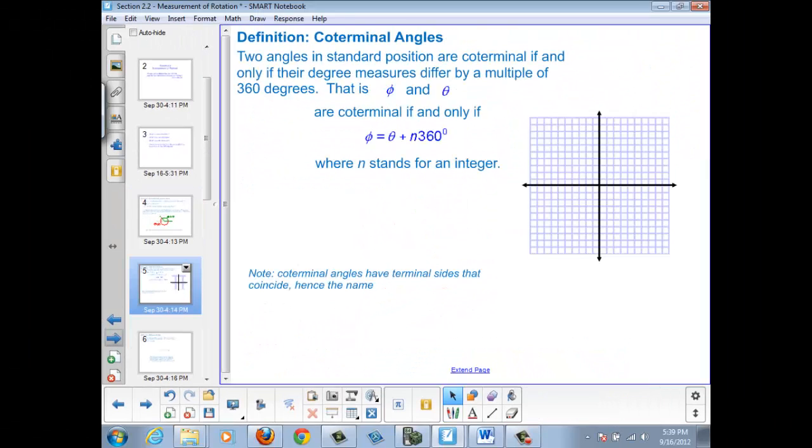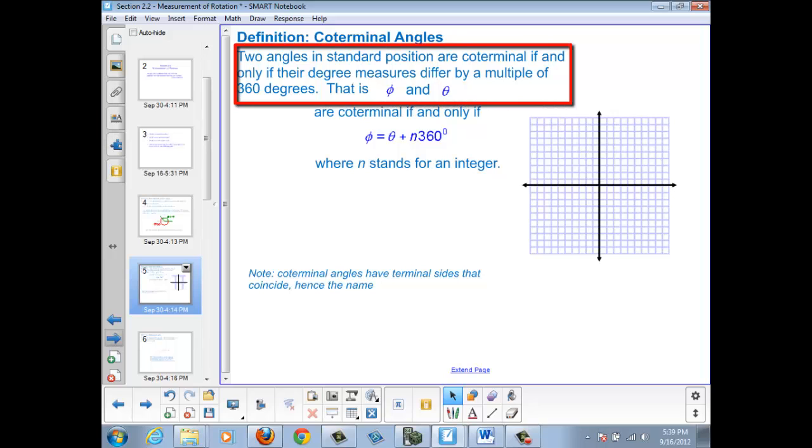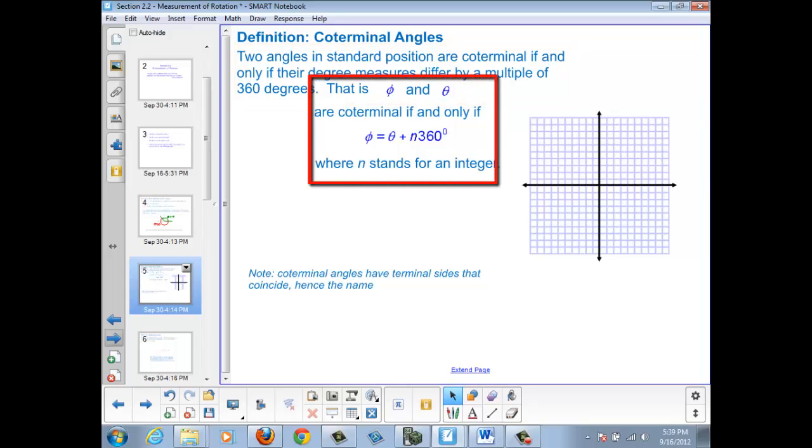Now let's talk about coterminal angles. Two angles in standard position are coterminal if and only if their degree measures differ by a multiple of 360 degrees. That is, phi and theta are coterminal if and only if phi equals theta plus n times 360 degrees, where n stands for an integer. Okay, what does that mean?